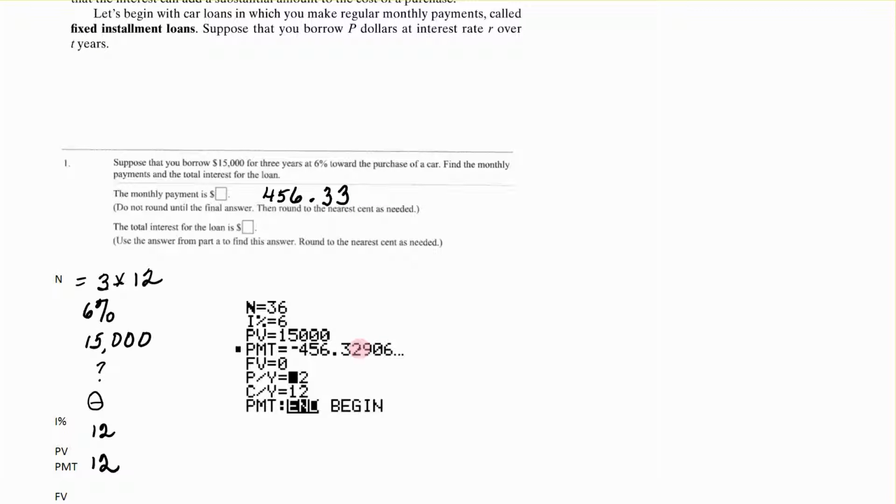Now it says find the interest. All right, well, let's just look at this logically. The interest is the difference between what you owed and what you actually paid. So this time what you pay is more than what you originally owed, so it's going to be your total payments minus what you owe, which we called your present value.